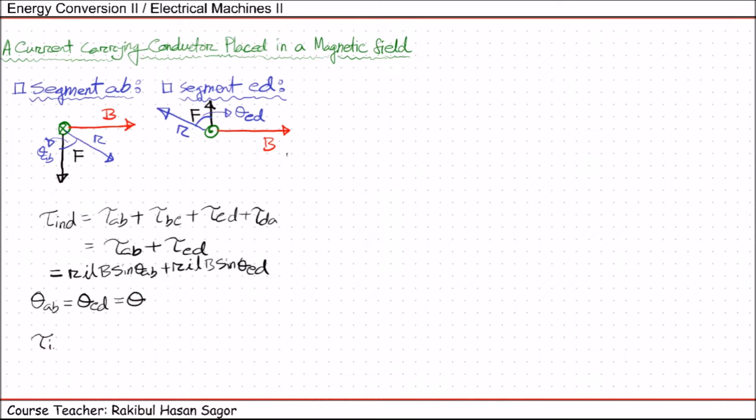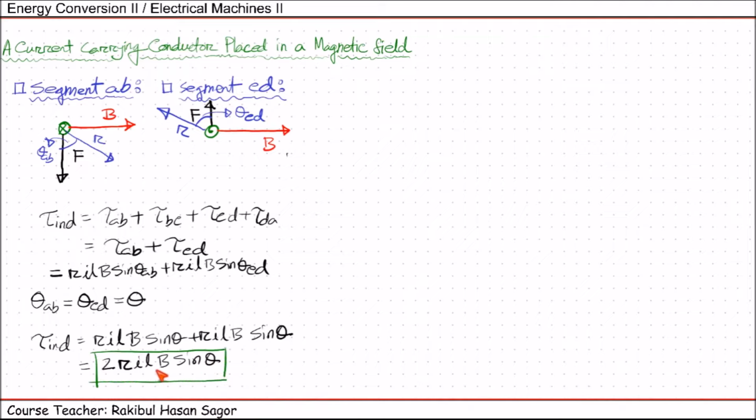So tau induced can be written as RILB sine theta plus RILB sine theta, as theta AB equal to theta CD equal to theta. So we have replaced theta AB and theta CD by theta. So we can say the total induced torque can be written as twice RILB sine theta. Now this is the equation for total induced torque.